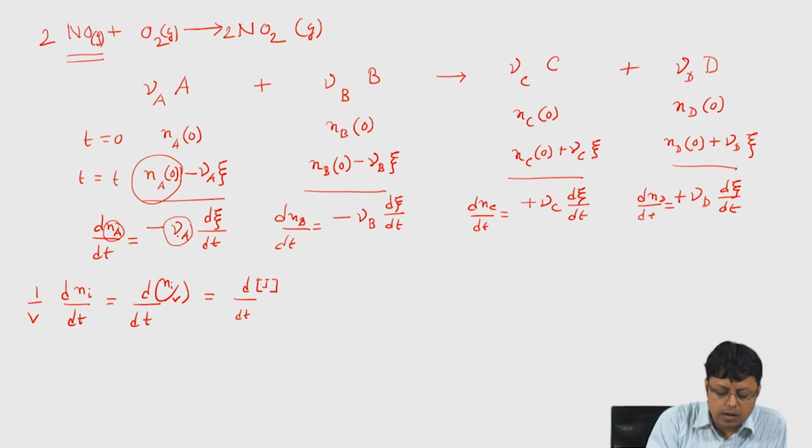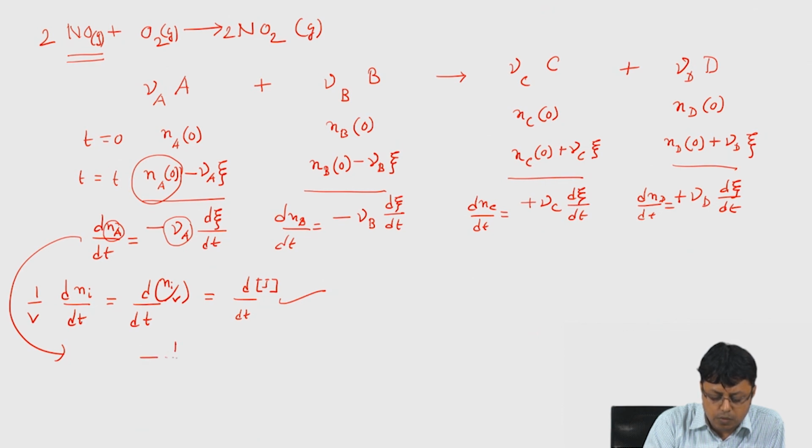And in the next step, I am going to divide by 1 over volume and use this relation, plus I am also bringing down the stoichiometric coefficient with the sign on the left side. So, we will see minus 1 over nu A. If I divide with the volume on the left hand side, it will be dA dt, which is nothing but 1 over V d xi dt.